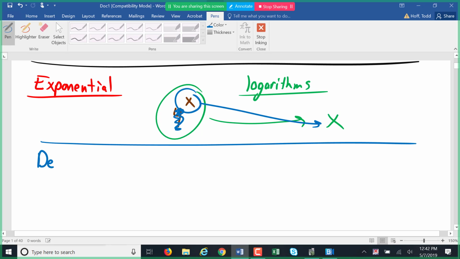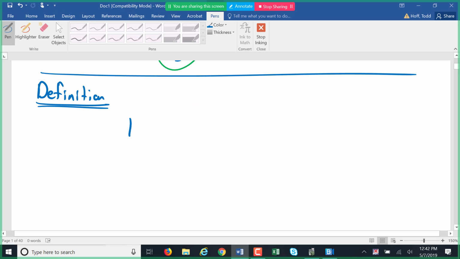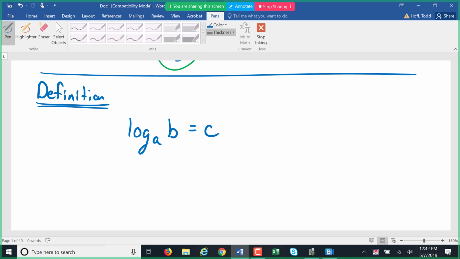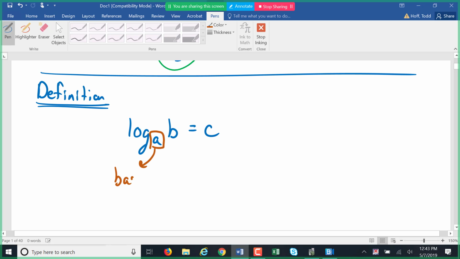So let's do a definition of a log. Log base A of B equals, let's say C. What that is telling me, first of all, A is the base of the log.